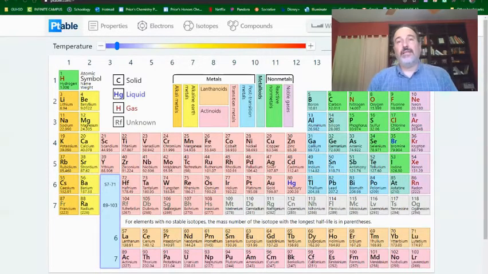Now, to try and explain or predict the periodic trends, the easiest way that I have is to pretend that the elements in the top right-hand corner love electrons, whereas those in the bottom left hate electrons. If you could just remember that, you can remember all four of the periodic trends.